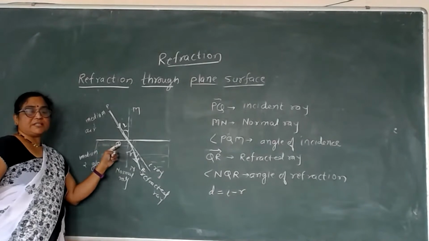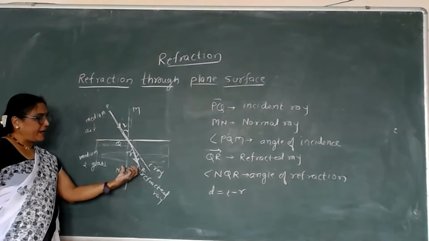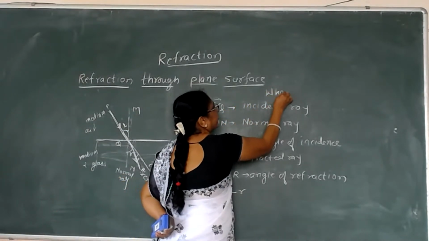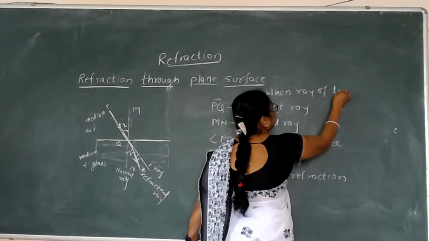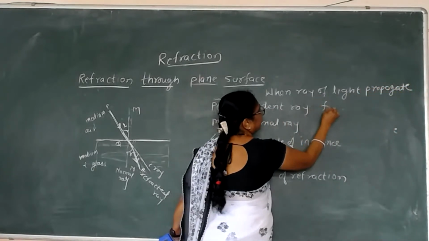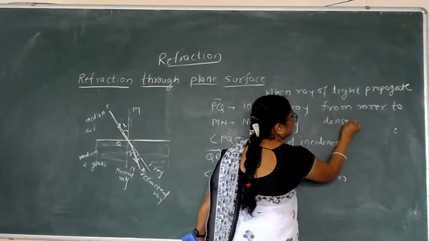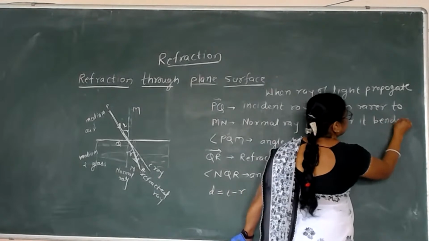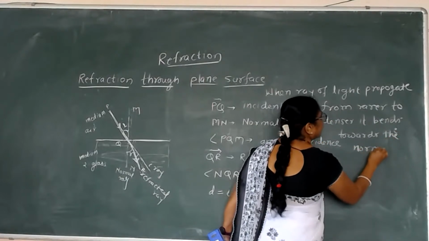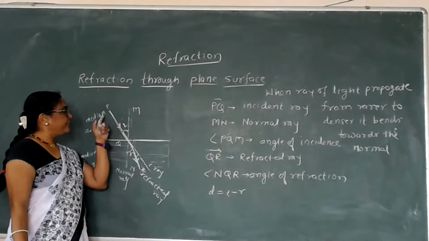According to this, when the ray of light propagates from rarer to denser, it bends towards the normal.